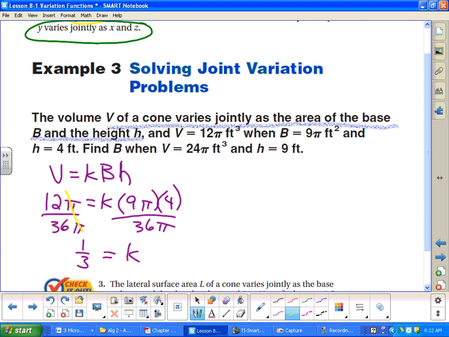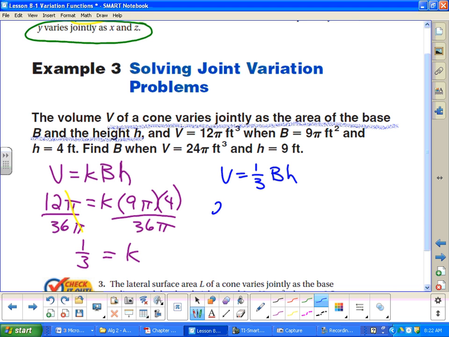So now if I rewrite the joint variation, I can say that V equals 1/3 BH, because we just found out that the constant of variation is 1/3. Now if I'm offered any other scenario like this, I know what k is.